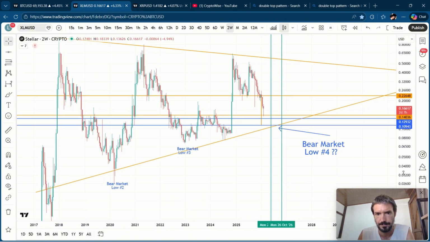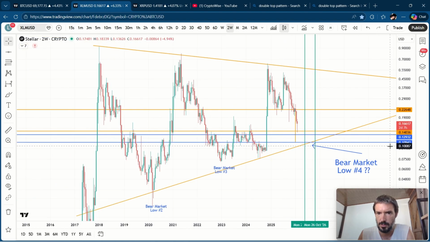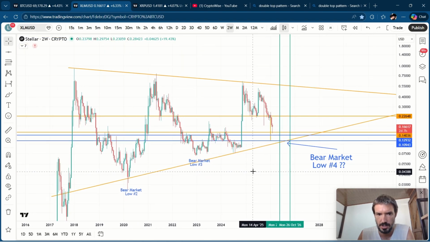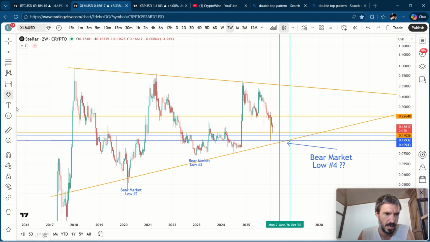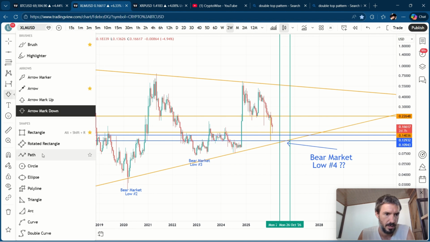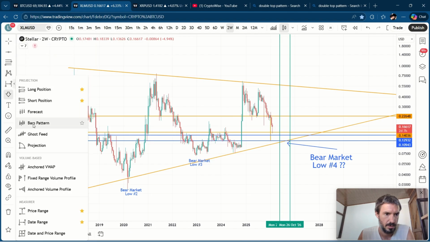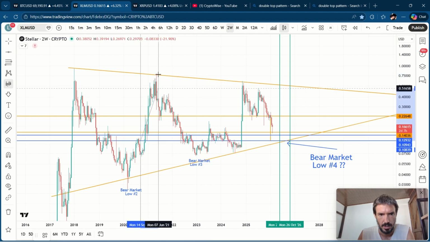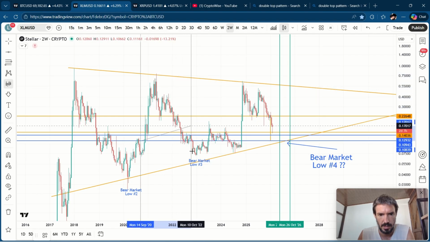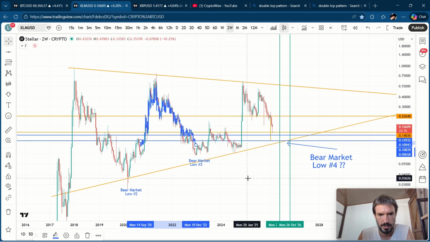So another point of confluence would be if we superimpose the price action from the last cycle, from this 2022 bear market, the whole cycle, from where it started expanding here in 2020, including the peak high and then the full bear market low, like this.